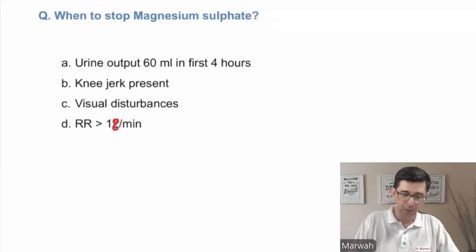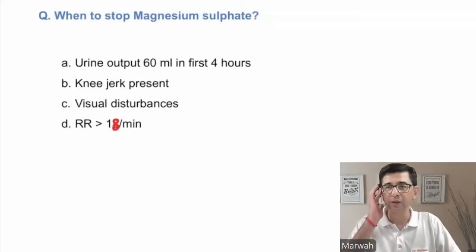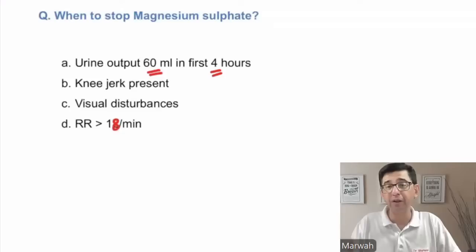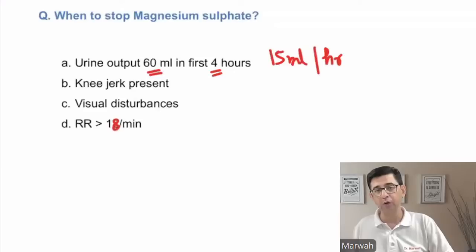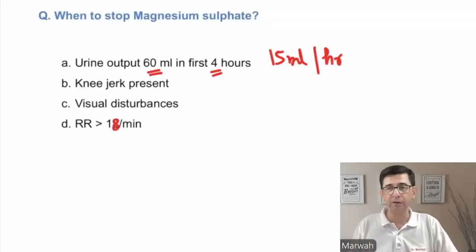Okay, doc, I'll change that to 18, 14. Respiratory depression value less than 12 is what the textbook says. The main point I can explain is a urine output of 60 ml in 4 hours. That means 15 ml per hour, which is outrageously low, right? If urine output is 15 ml per hour, that implies the patient is going into acute kidney injury.